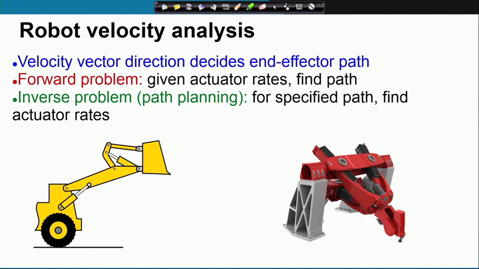If you are given a path, you can specify the tangent vectors and correspondingly find the actuator rates to produce that velocity vector at a certain point on that path. The inverse problem is the path planning problem, in which the path is specified and you have to find the actuator rates.